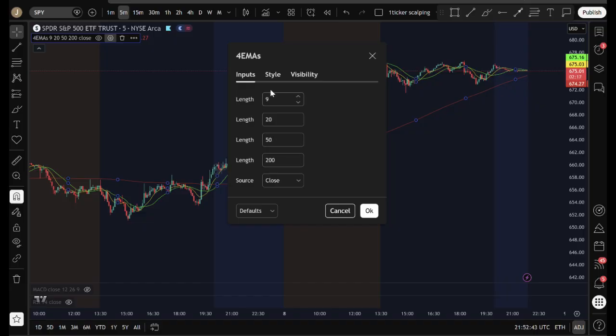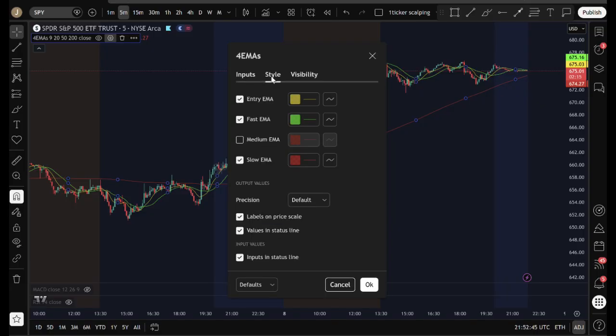I keep mine the same. The style, I keep my 9 at yellow, my 20 at green. I do not use my 50 most of the time, but my 200 I keep red. I'm going to cut these off for teaching purposes, and we're only going to focus on the 9.